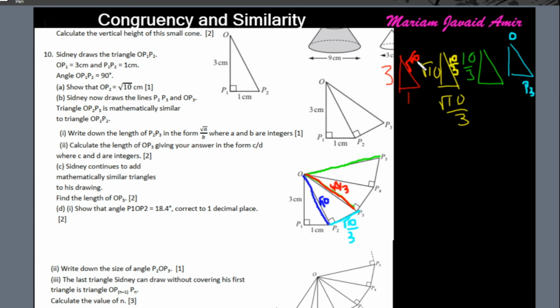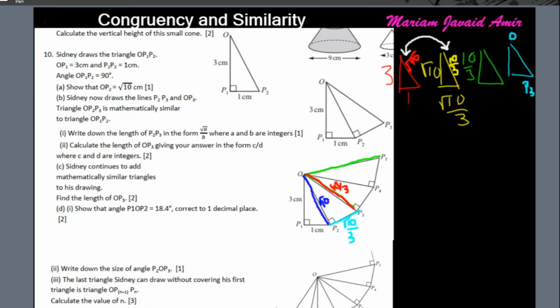Since these are similar triangles, notice how we go from this hypotenuse to this hypotenuse. From under root 10, how do I get to 10 by 3? By multiplying by under root 10 over 3. Under root 10 times under root 10 makes, no, in fact, let's ignore this.